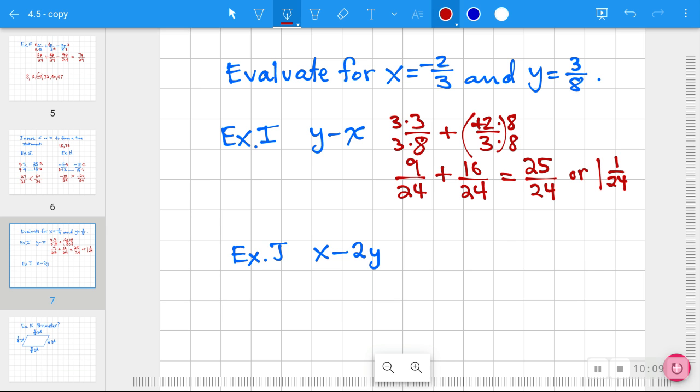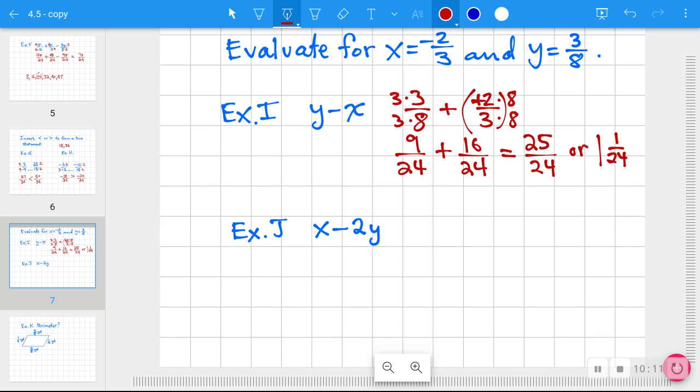Okay, so x minus 2y in this problem would be negative 2/3 minus 2. I'm going to go ahead and put it as a fraction, 2 over 1 times the y, which is 3/8. Now you have to do the multiplication first, so we got 2/3 here minus 6 over 8.